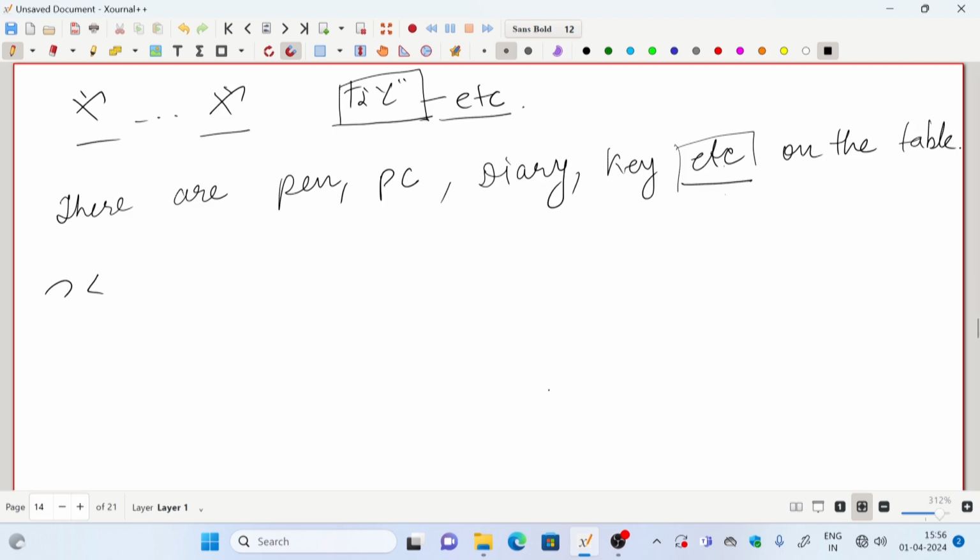Tsukue no ue ni. We can also write tsukue ni.